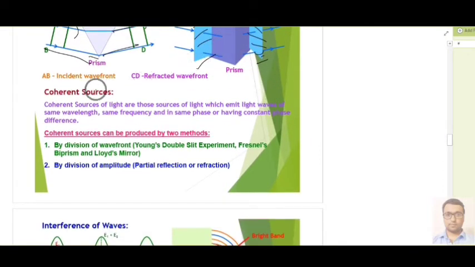Second thing we have is coherent sources. Coherent sources of light are those sources which emit light waves of the same wavelength and same frequency in the same phase.